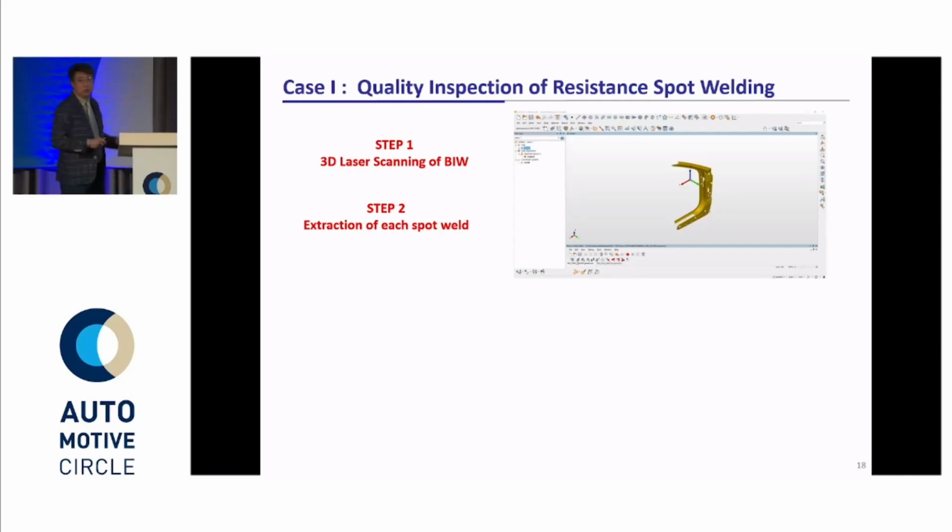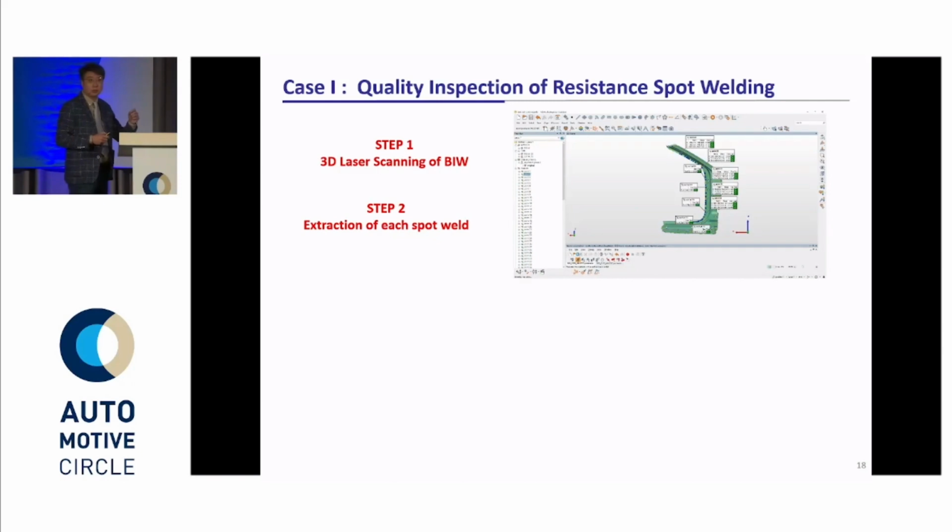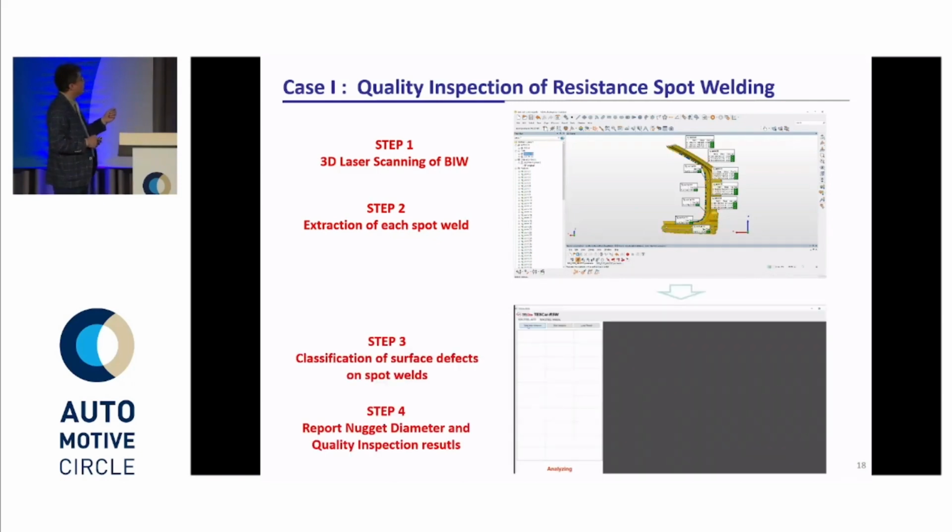Here's the actual validation for the inline process. With the laser scanning for the BIW, we can get the BIW scanning part, and at the same time, automatic extraction of each weld STL file or point cloud data can be done. After that, each single surface profile can be fed into this inspection system, and classification of the surface defects on the spot weld will be done.